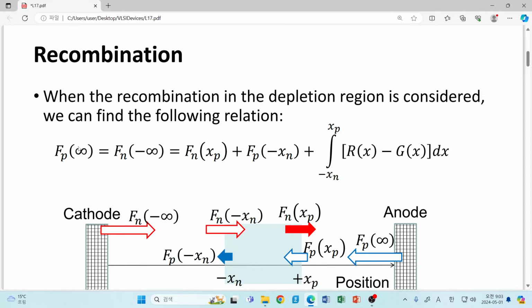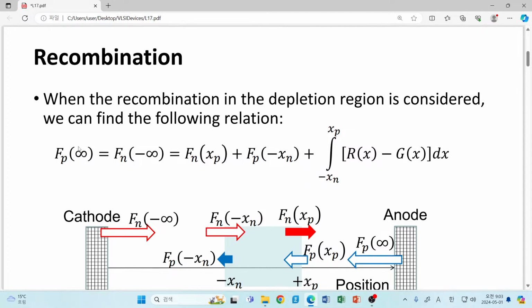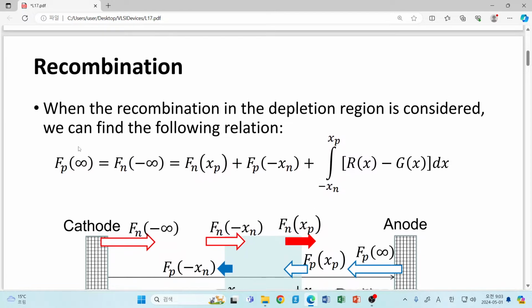We spent quite a long time on the derivation of the expression for our current density. So the problem was, when we consider three different regions in our PN junction, what we can calculate out of our simplified expression was just the minority carrier flux.